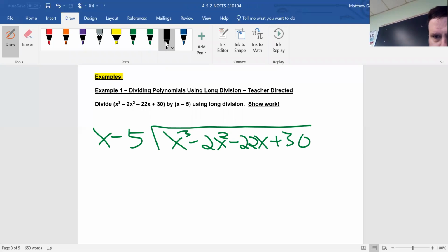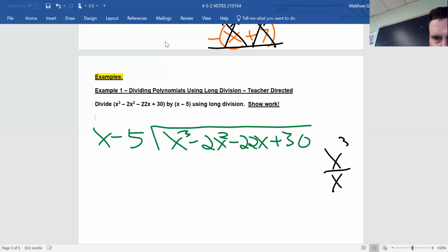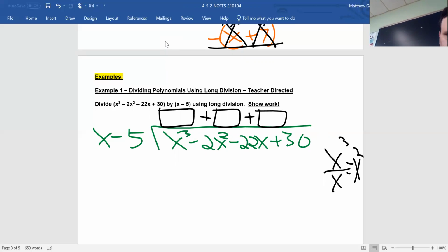Okay, so we're going to start. We start with x cubed divided by x. That's x squared. So x squared times x is x cubed. x squared times minus 5 is negative 5x squared.